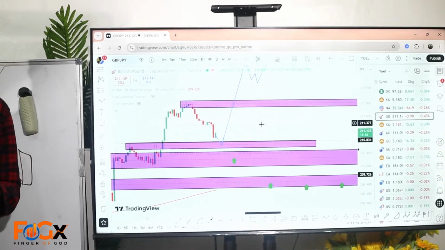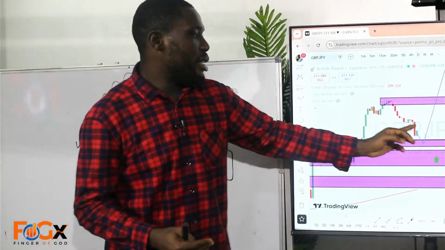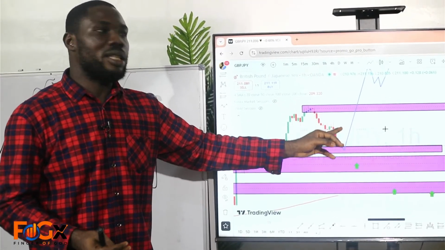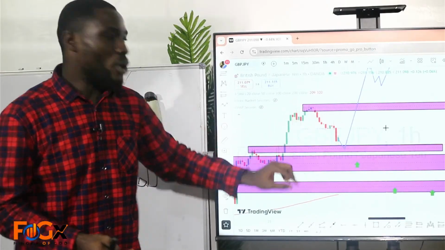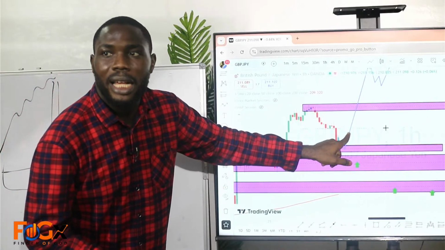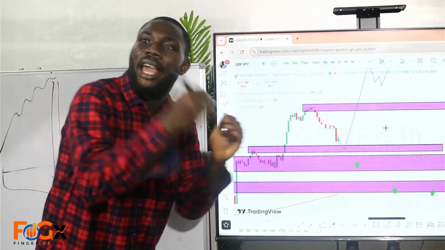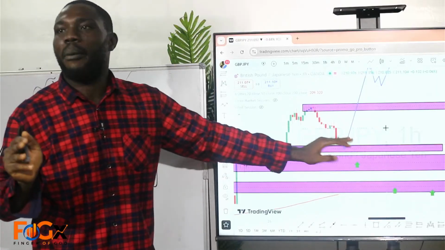You are seeing weak bullish candlesticks. For example, this bearish candlestick now, you are not seeing a heavy candlestick that can overshadow this, or multiple candlesticks. You are seeing weaker green candlesticks, and the next candlestick that comes out is a heavy bearish candlestick. That is telling you that no, you can't buy from this region.